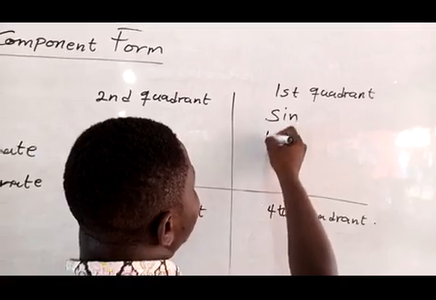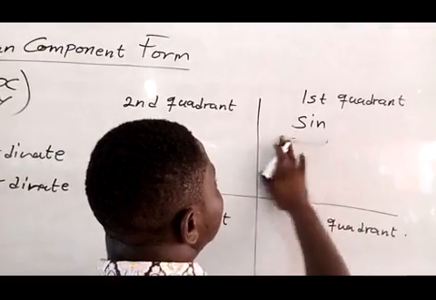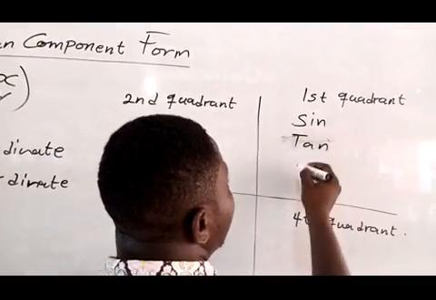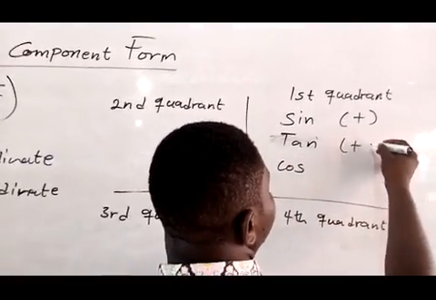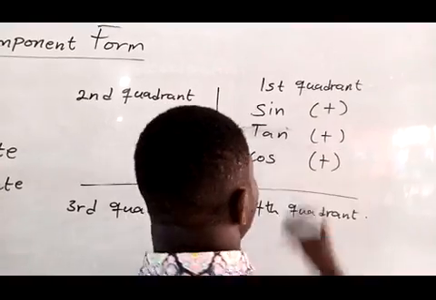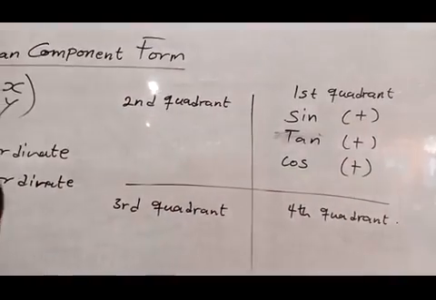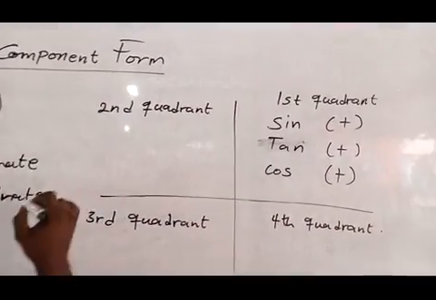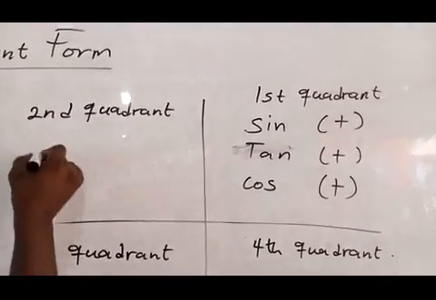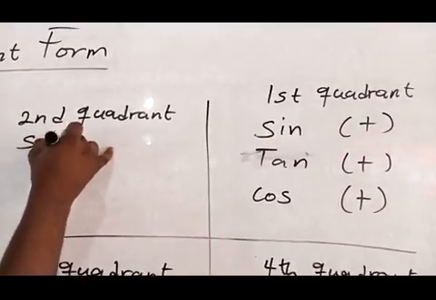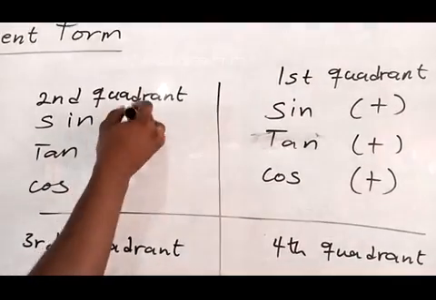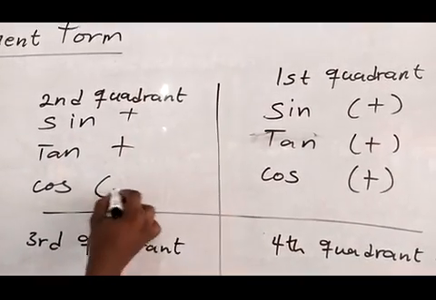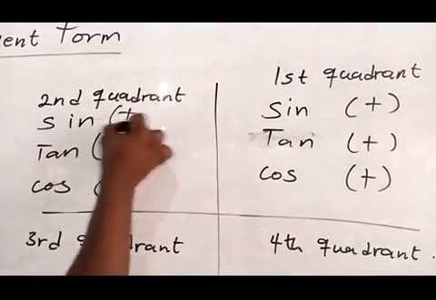So we have sine, tan, and cos, all being positive. But when we come into the second quadrant, only cos is negative. The rest are all positive. So we have sin and tan positive, but cos is going to be negative.